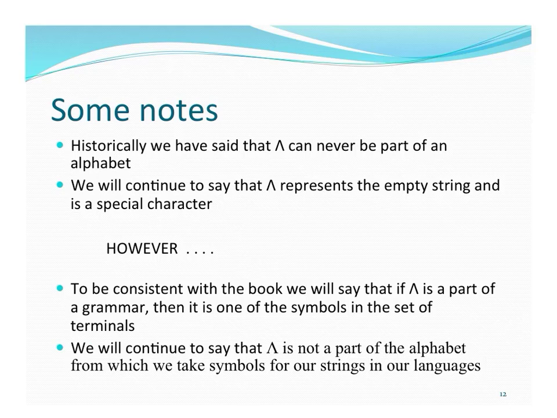Okay, so generally our terminals are just letters of the alphabet, but our terminals may also include lambda. All right, so just this final line will continue to say that lambda is not a part of our alphabet from which we take symbols for our strings in our languages, but can be one of the symbols in our set of terminals.